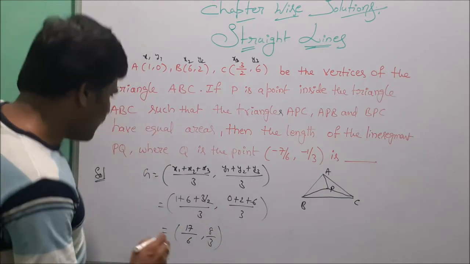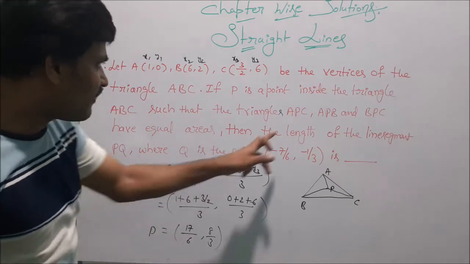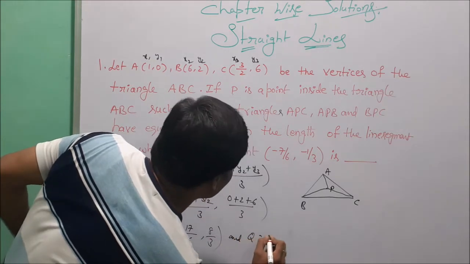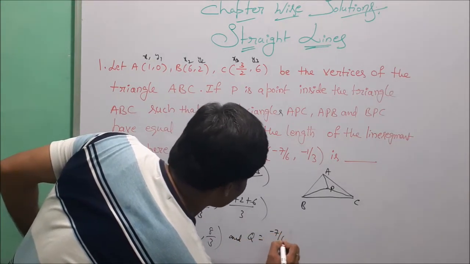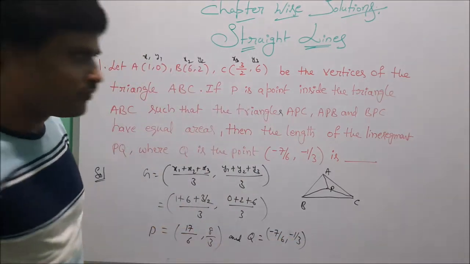Now this is the point P. Q is already given, that is (-7/6, -1/3). Now we find the length of PQ.